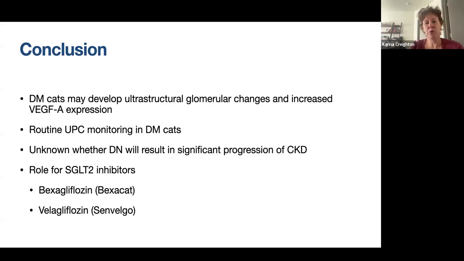However, we have been using Bexacat off-label for additional control of proteinuria in some dogs, and so far in the patients that we've used that medication in, we've seen good results as far as control of proteinuria. So I think that's an exciting class of drugs for us. Of note, though, both of these medications list needing insulin as a contraindication.